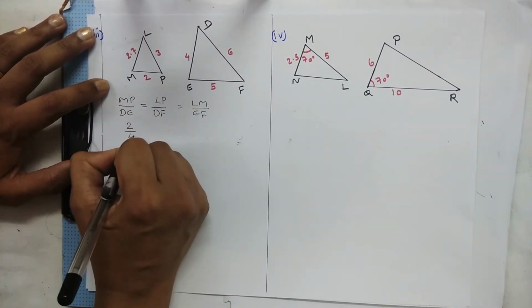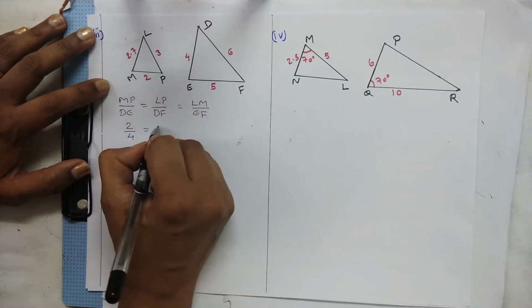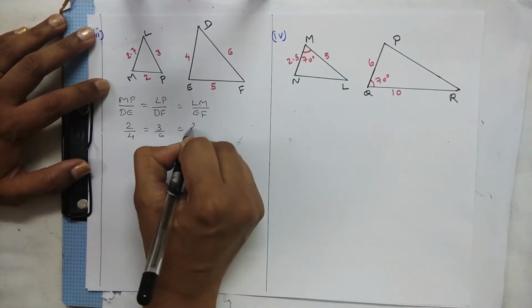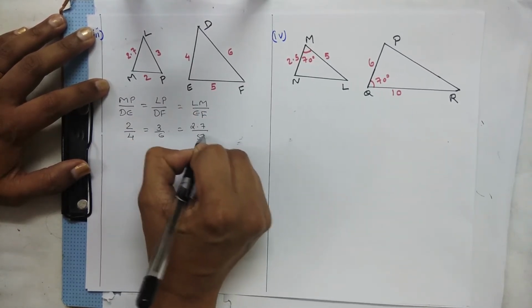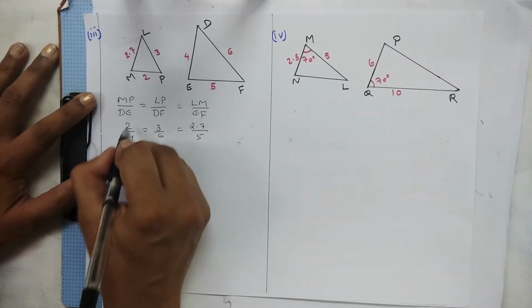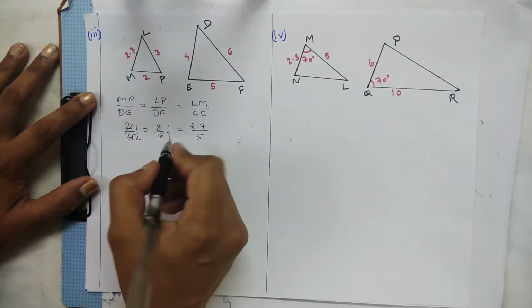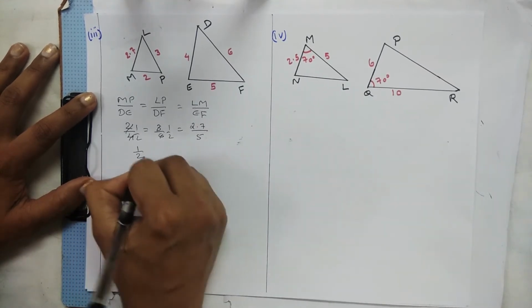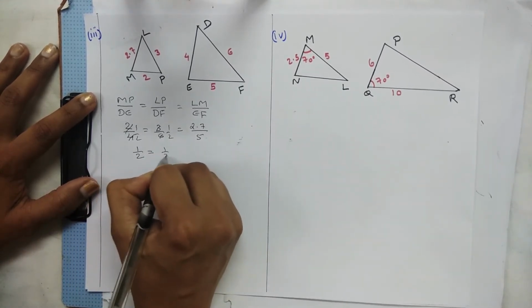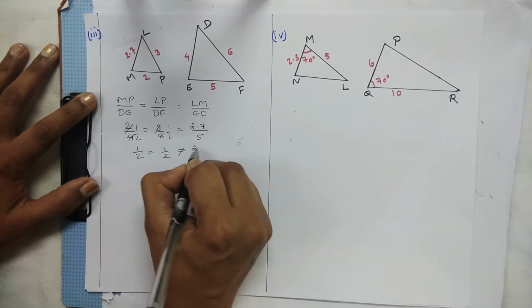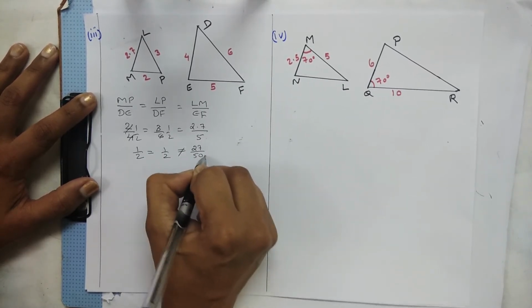MP 2 by 4, it is equal to 3 by 6, it is equal to 2.7 divided by 5. Now you see, this is 1 by 2, this is 1 by 2, this is not equal to 1 by 2. So we can write 1 by 2 is equal to 1 by 2 is not equal to 27 by 50. Right?